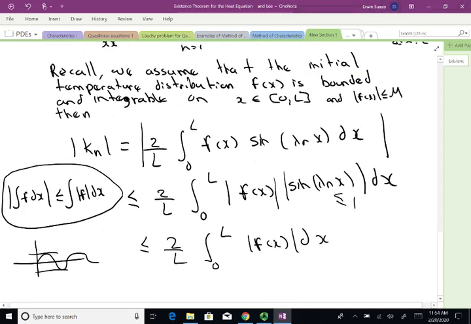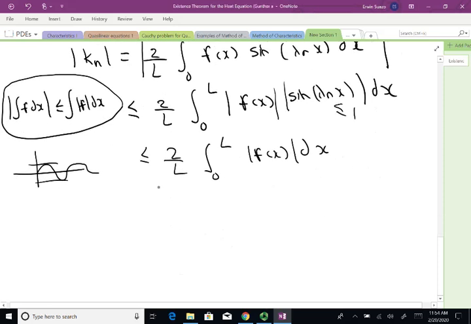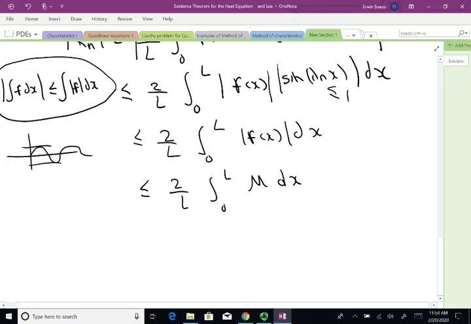But now by hypothesis, the absolute value of f of x is less than M, so I can write this is less or equal to 2 over L integral from 0 to L of M dx. Now I find the antiderivative.